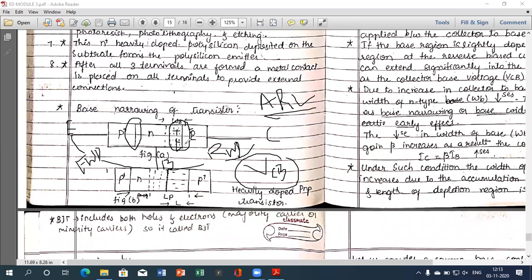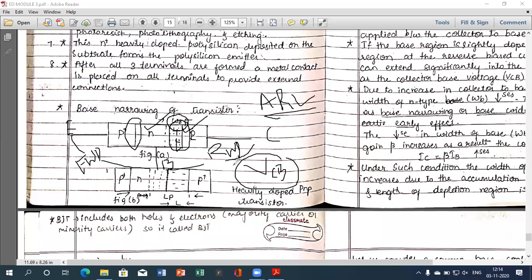Thereby I can say that WB, the width of the base, will start decreasing. This is because the space of the N region is now occupied by the immovable ions across this junction.